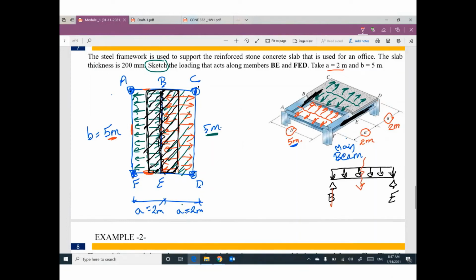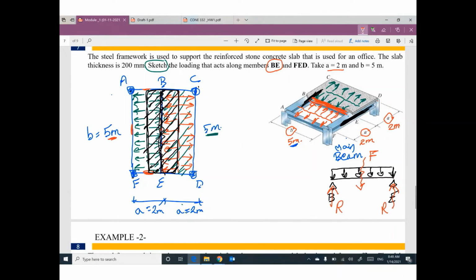We will have reaction R1 and reaction R2, and R1 and R2 will be equal, so we have reaction R. So beam BE will support this shape of load. This load will be equivalent to a force F, so we have reaction R and another reaction R on the other side.